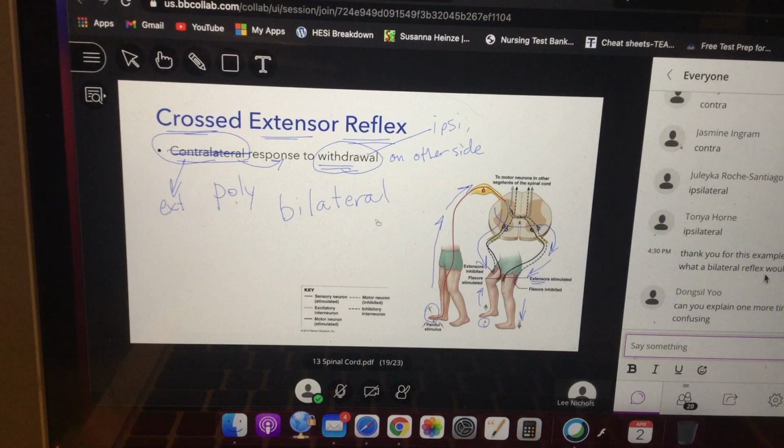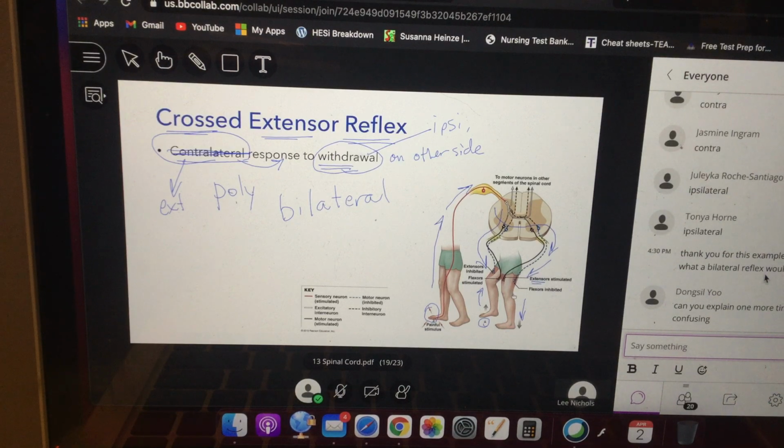Can I explain it one more time? Let's see if I can. You step on a painful stimulus and you withdraw one side and extend the other side. So it's bilateral. You get a response on both sides. You get a response on the injured side, but to be able to withdraw from one side, you have to be able to extend the leg on the other side.